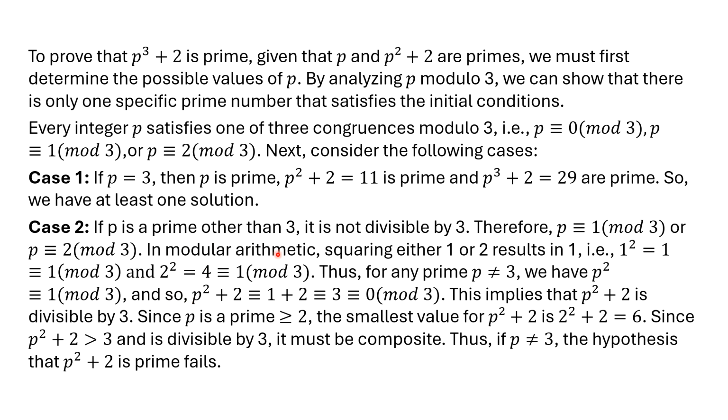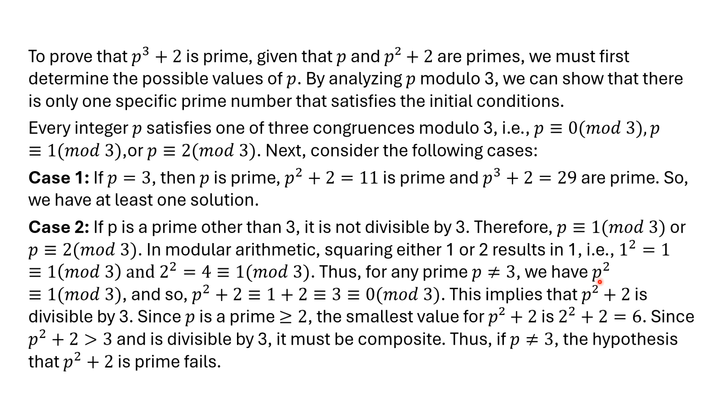In modular arithmetic, squaring 1 or 2 results in 1, at least mod 3, because if you square 1, of course, it's still congruent to 1 mod 3. And if you square 2, you get 4, but that's congruent to 1 mod 3 also. Thus, for any prime not equal to 3, we have p squared is congruent to 1 mod 3.